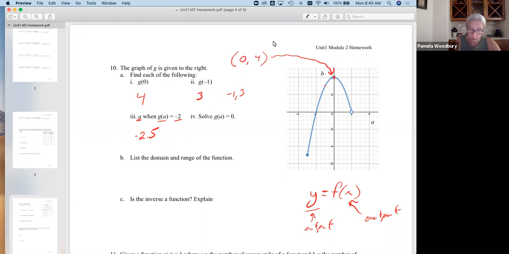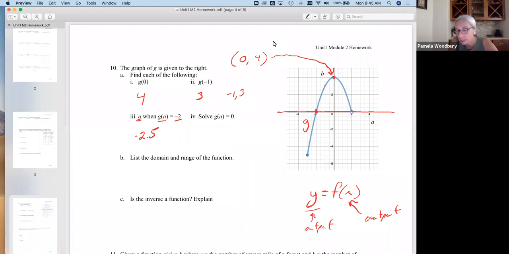Okay, so the question is, for this function g, when is the output 0? Well, the output is 0 whenever the function crosses this horizontal line. And that happens right here.